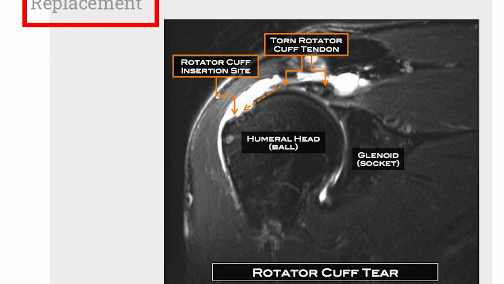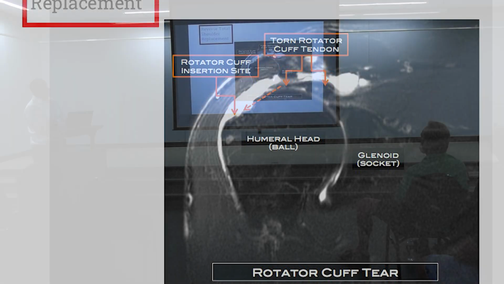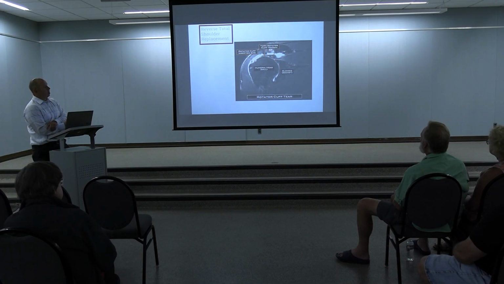So when we see an MRI like this, where there's a tear of the rotator cuff that's retracted and atrophied, or shrunken down, we can tell the quality of this tissue is not very good and isn't repairable.